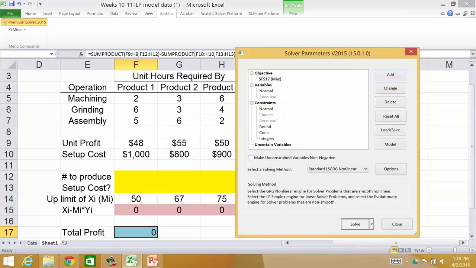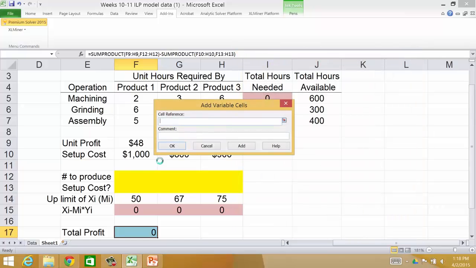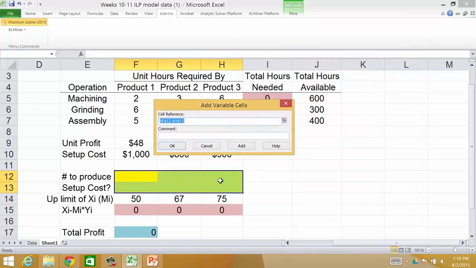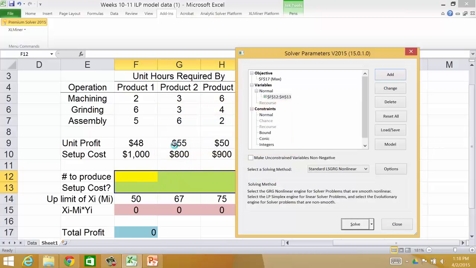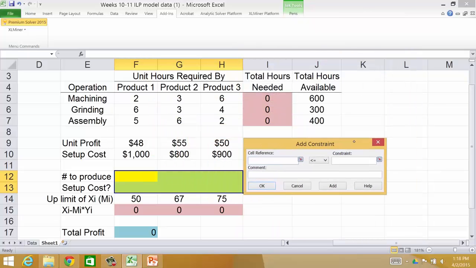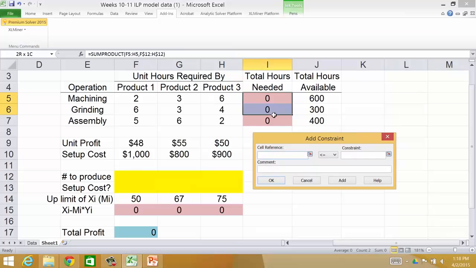For the variables, we need to add both rows, the xi's and the yi's. Constraints: the first group of constraints will be resource needed less than or equal to resource available.